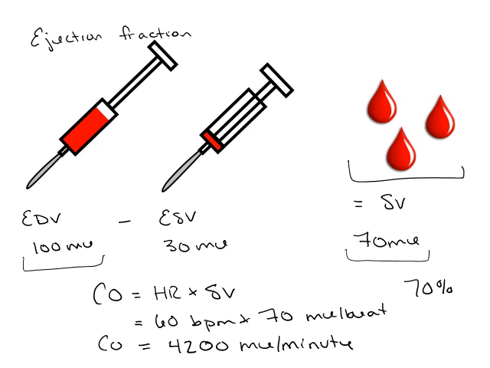If you want to learn the official equation, it is stroke volume divided by end diastolic volume times 100. So in our case, our stroke volume was 70, our end diastolic volume was 100, and then we multiply that by 100 because we're looking at a percent, to give us 70. So ejection fraction just looks at how much of the blood that started in that ventricle gets pumped out, and it can be calculated just knowing stroke volume and end diastolic volume.